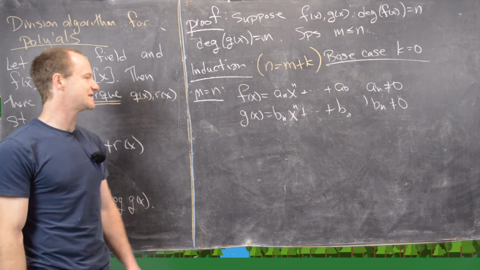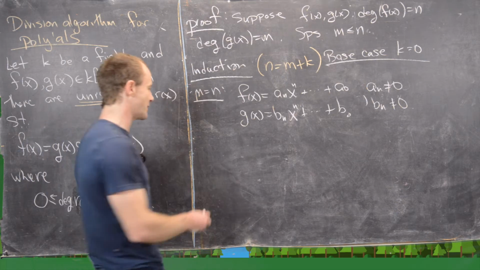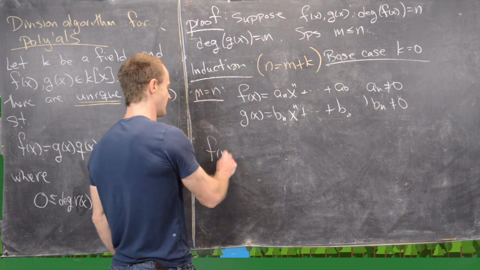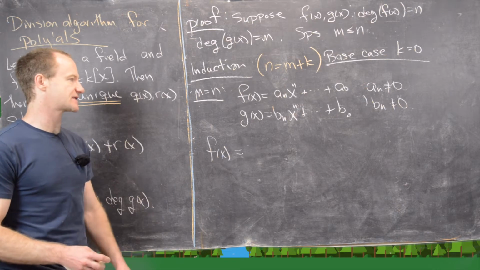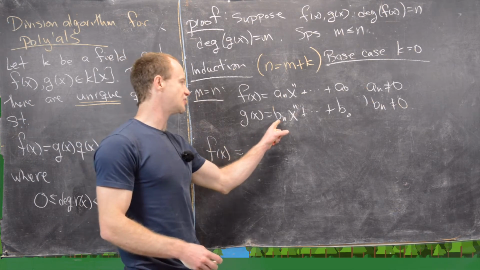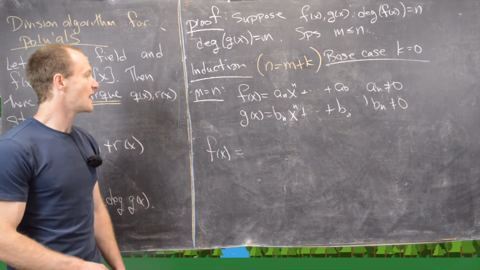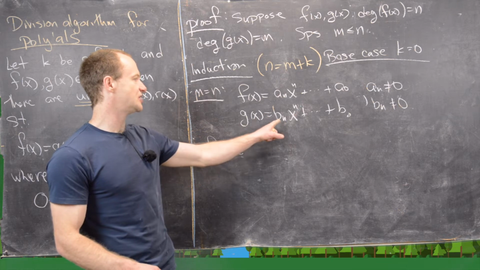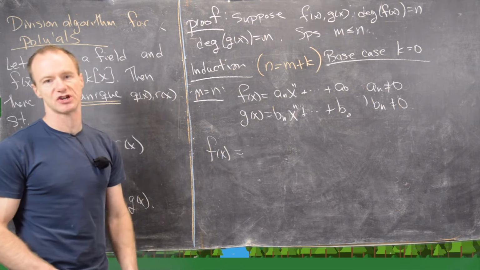Okay, so this base case is a little bit tricky, but if you see the trick, it's not so bad. So what we're going to do is start with f of x, and we want to write f of x as something times g of x plus a remainder. But notice the thing that we'll multiply by g of x is just a constant because we don't want to raise the degree at all. And we want to multiply g of x by something so that this coefficient turns into that coefficient a_n.